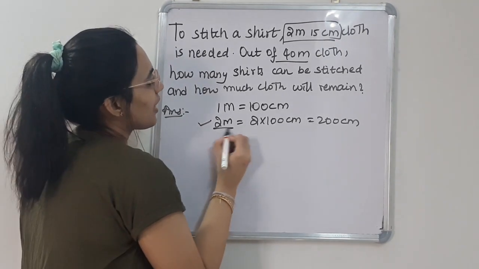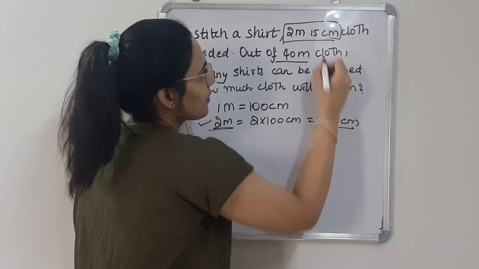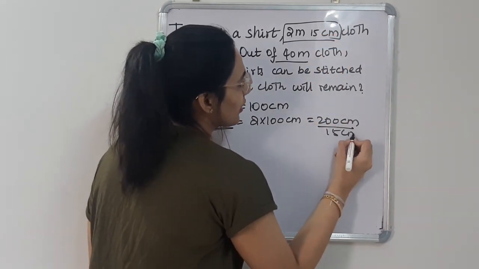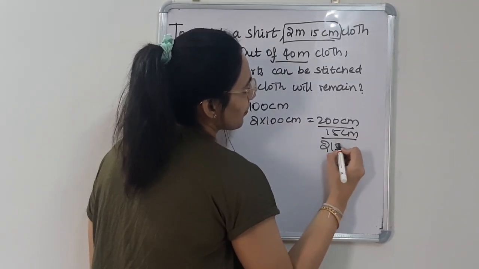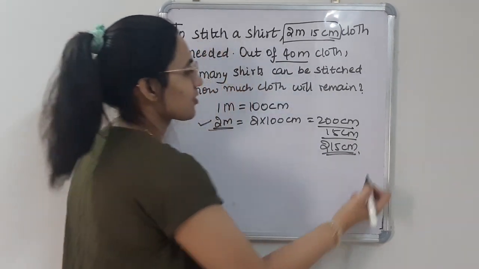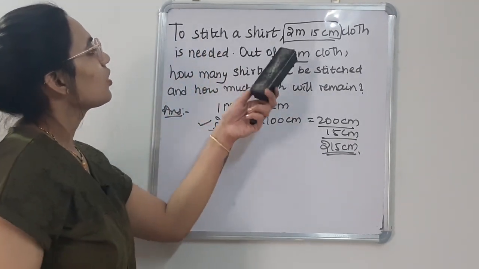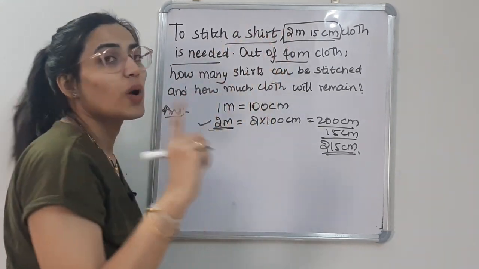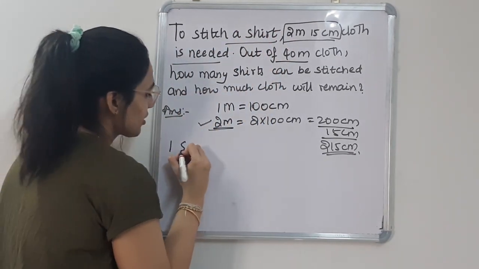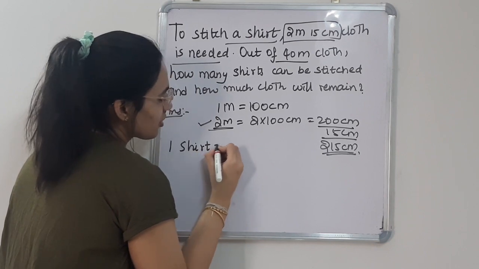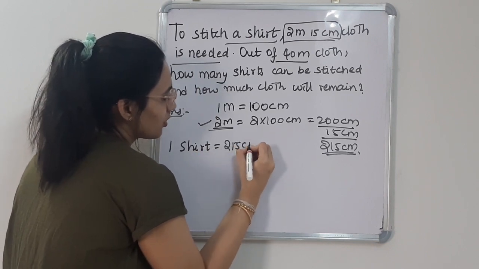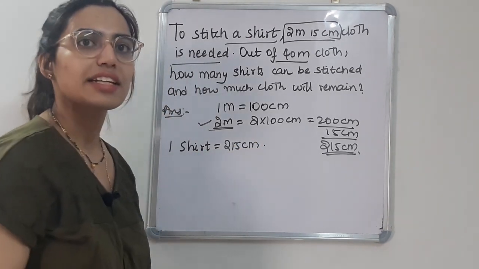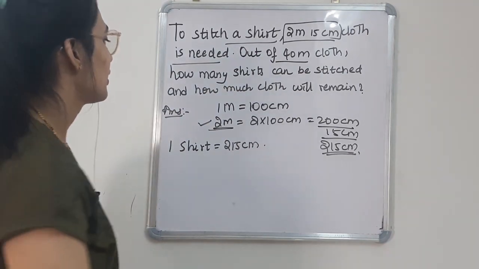So 2 meters is 200 centimeters and 15 centimeters is already given, so this will become 215 centimeters, right? So 215 centimeters of cloth is needed to stitch one shirt. So that means one shirt is equal to 215 centimeters of cloth.